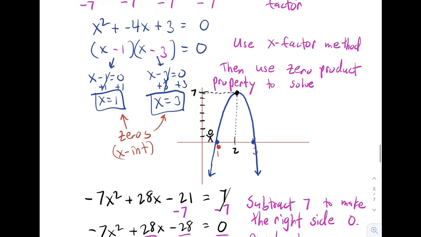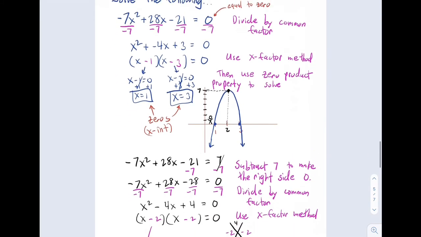Okay, so again, a little difference, right? If it's 0, that gives you your zeros. If it's equal to some other number, like 7, it's talking about when is this equation at height 7. And this one is 2 seconds.